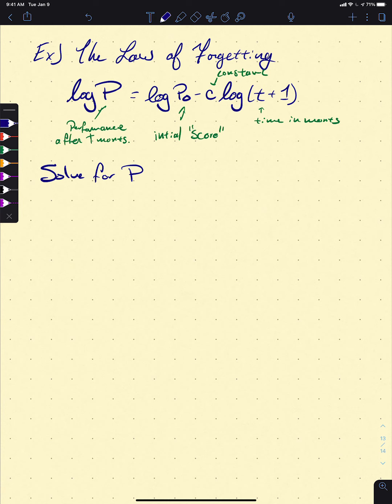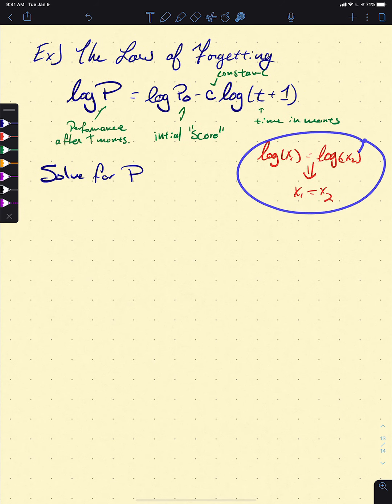And here's how we want to think of it: because our logarithm function is 1 to 1, this is the case. If log of x1 equals log of x2, well, that means that x1 equals x2, right? This isn't true with the general function, but the log is 1 to 1, so we can utilize this.